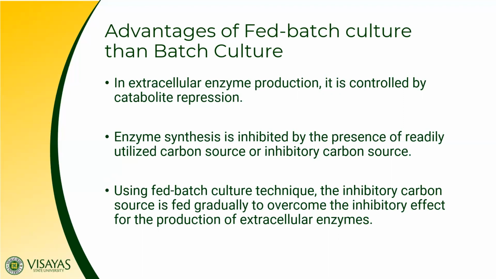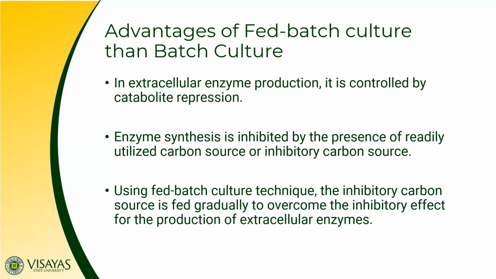This overcomes the limitation of catabolite repression, which is the inhibition of these microorganisms in extracellular enzyme production. Okay, the utilized carbon source or the inhibitory carbon source accumulates when there are already enough enzymes.